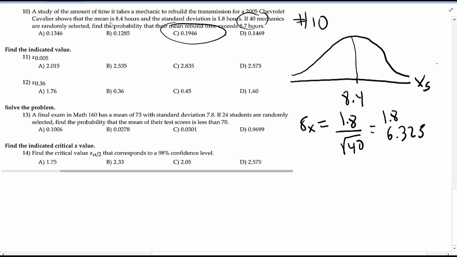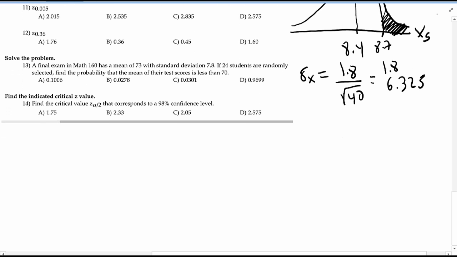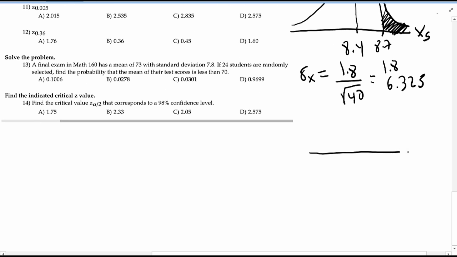Now I want to find the chances that the mean exceeds 8.7. 8.7 is bigger than 8.4, and we want to find this region right here. So I'm going to standardize the problem. The 8.4 will go to 0, and for 8.7, let's find the z-score.